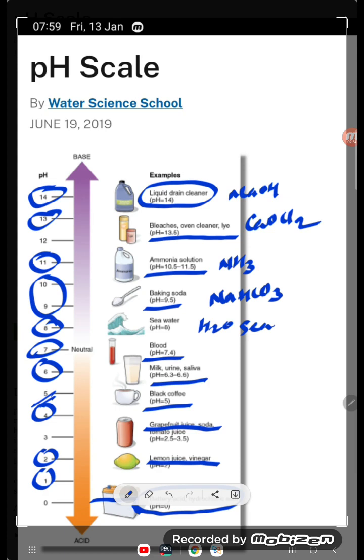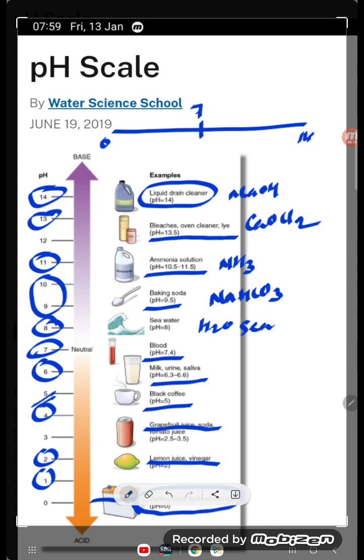I hope you understood what the pH scale is, that is the measure of how acidic or basic a substance is. The pH scale has values from 0 to 14.